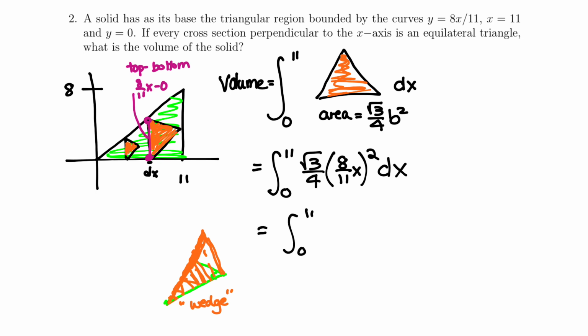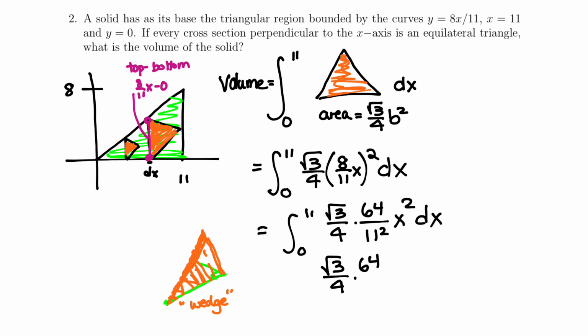And then you're going to get square root 3 over 4 times 64 over 11 squared x squared. And then you're going to integrate square root 3 over 4 times 64 over 11 squared times 1/3 x cubed.